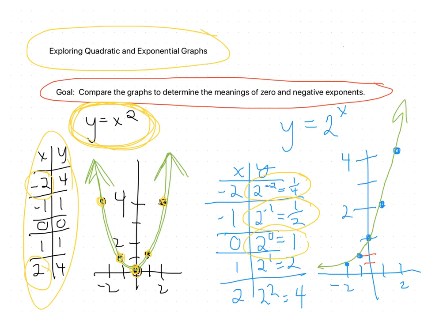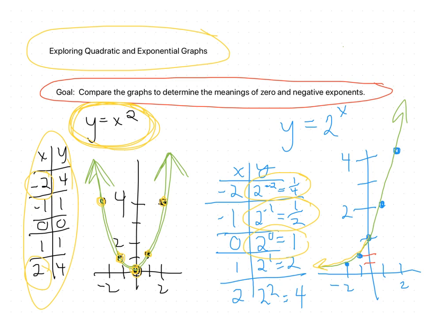So as you can see, the more negative we travel in this curve, we end up with an answer that's a fraction, and it gets very small. It gets very close to 0, and in a later video, you'll discover it actually never equals 0.